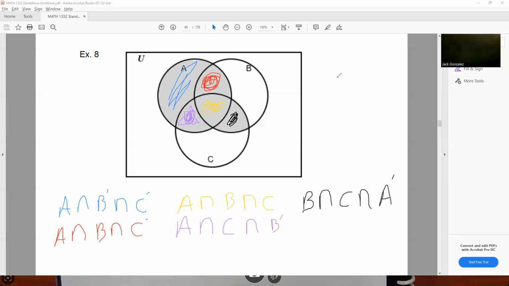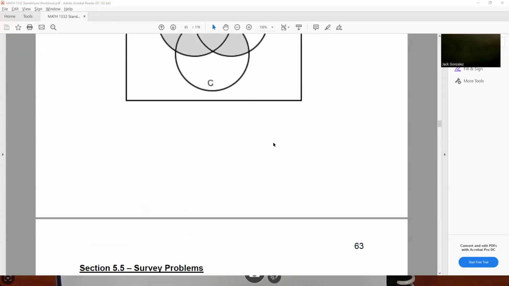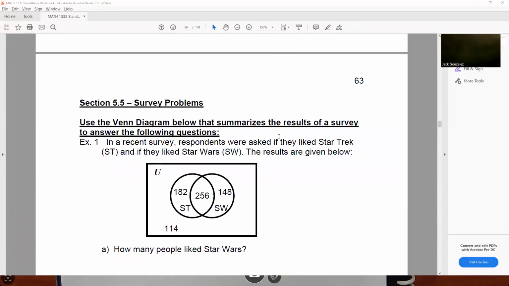But anyway, you might want to put parentheses, but I think this is fine. That's fine. All right. Well, that's 5-4. Fun.